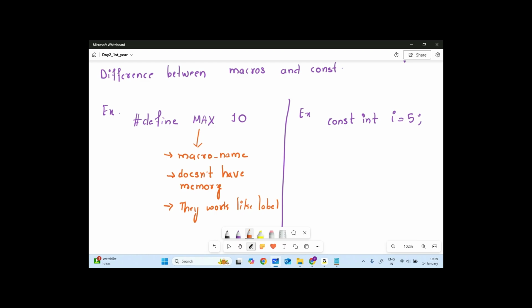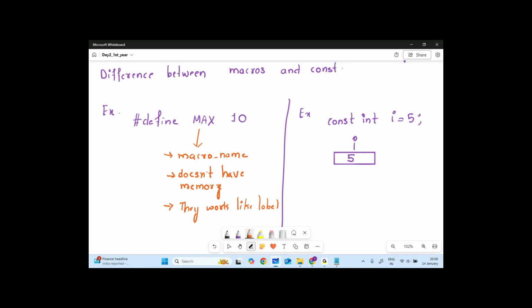But when you come to the constant, I am declaring a variable called i. First of all, there is memory allocated for the i variable, and the value is stored inside it. What is present in the i memory, you are defining it as constant.